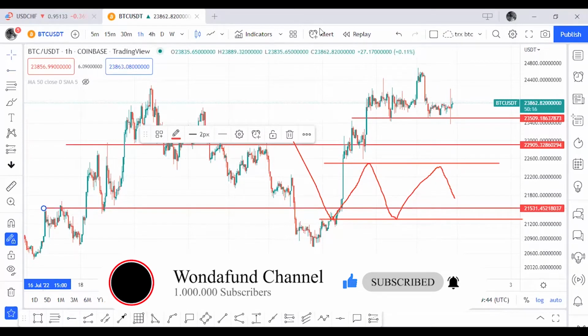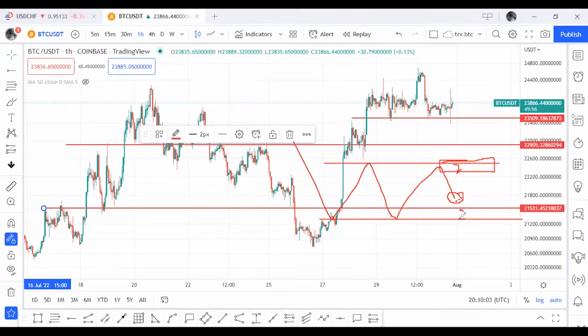Now, the key difference between a support and a resistance is where the current market price is. If the market price is below it, that zone is a resistance. If the market price is above it, in this case, the current market price is above this zone, so this is a support.